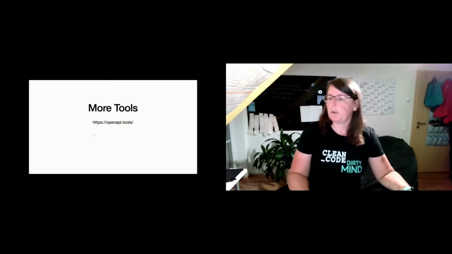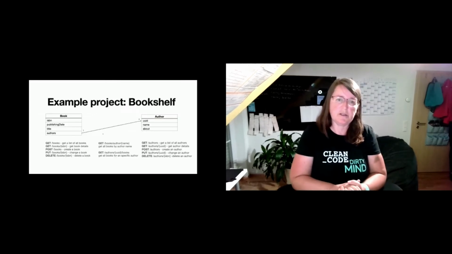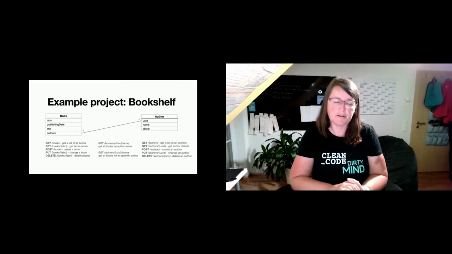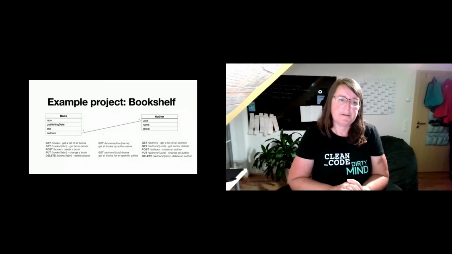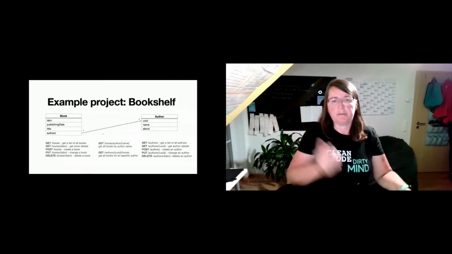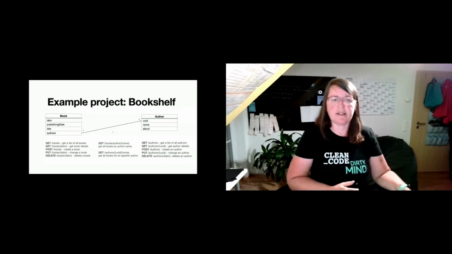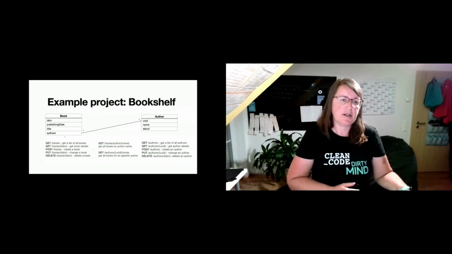I want to show you how we do things, really, and for that I have prepared a little example project, a bookshelf, and this picture would probably be something like the upfront design phase you do.